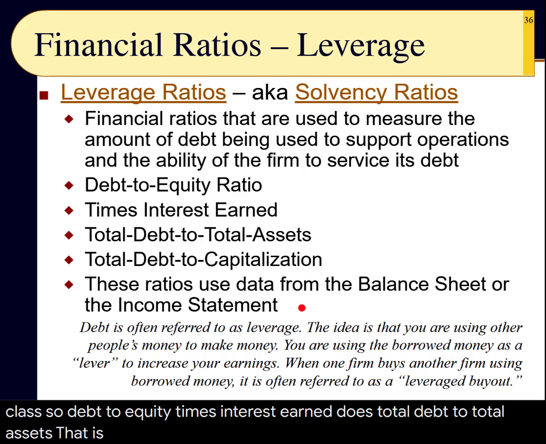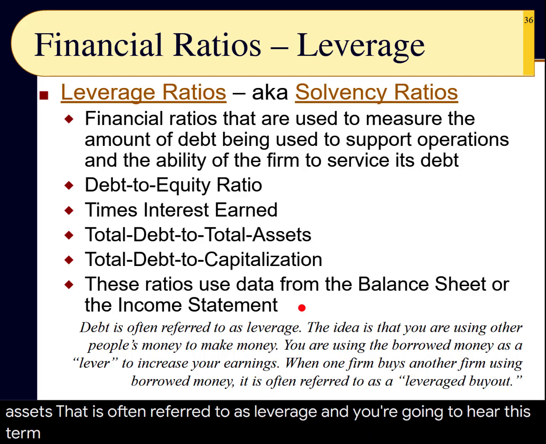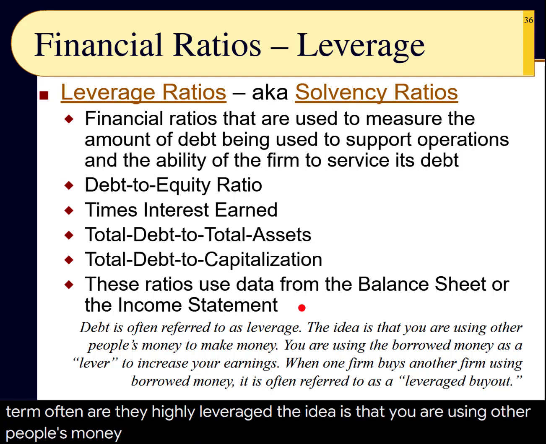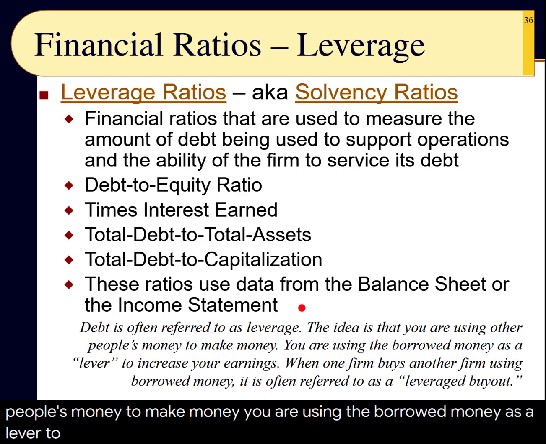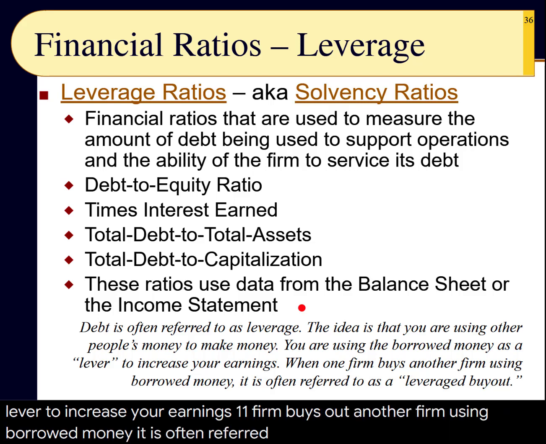Debt is often referred to as leverage, and you're going to hear this term often. Are they highly leveraged? The idea is that you are using other people's money to make money. You are using the borrowed money as a lever to increase your earnings. When one firm buys out another firm using borrowed money, it is often referred to as a leveraged buyout.